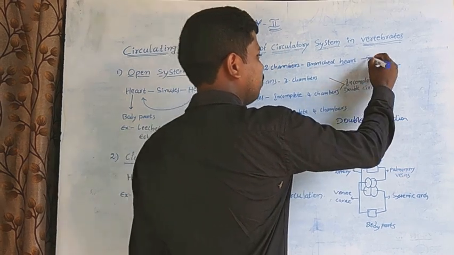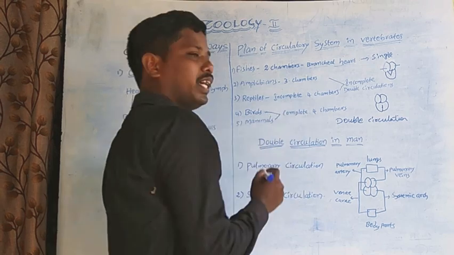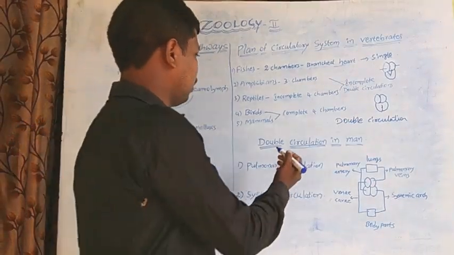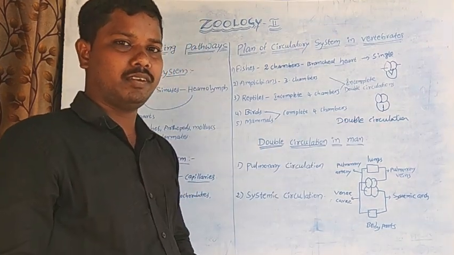Fishes exhibit single circulation. Amphibians and reptiles exhibit incomplete double circulation. Birds and mammals exhibit complete double circulation.